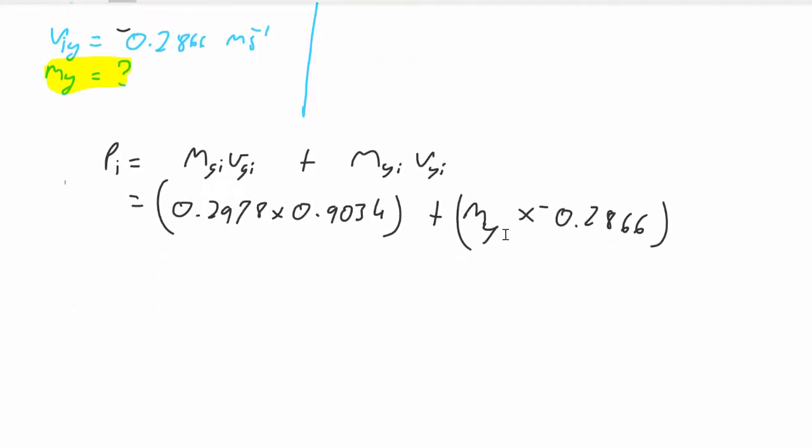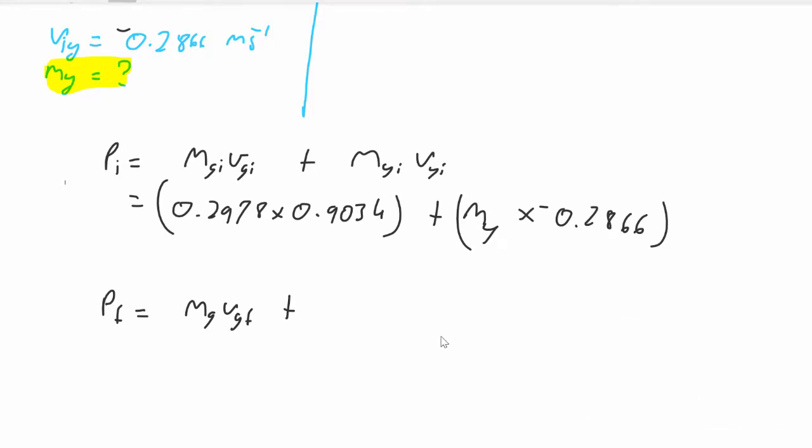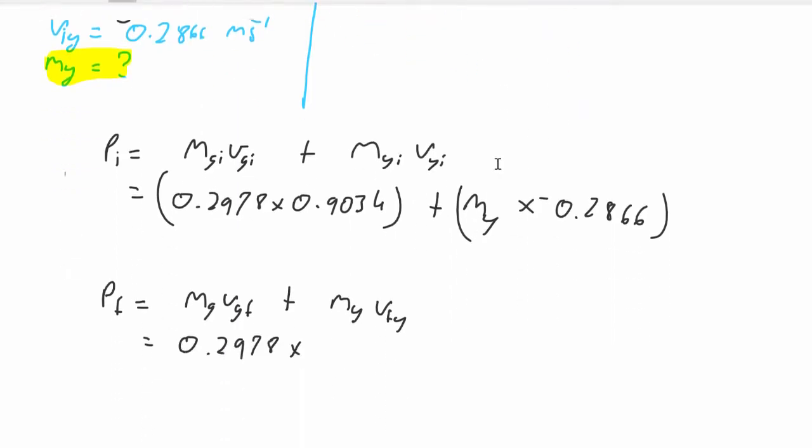And then I say, well, what's my final momentum? Well, it's going to be M green V green final plus M yellow VF yellow. So the mass of the green hasn't changed, 0.2978 times the velocity final, which you said was the same, 0.133.